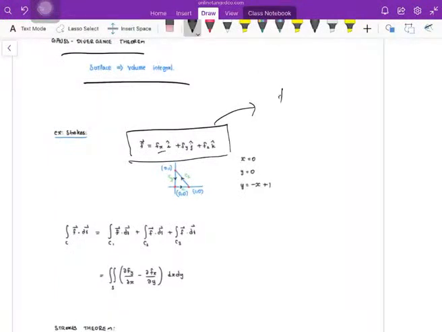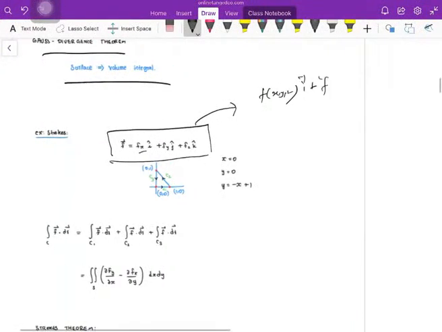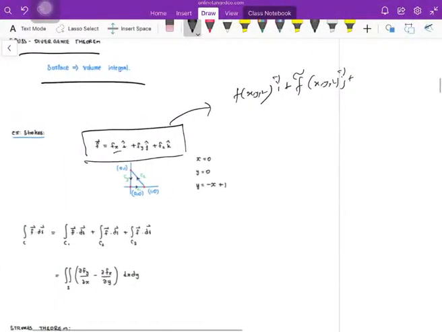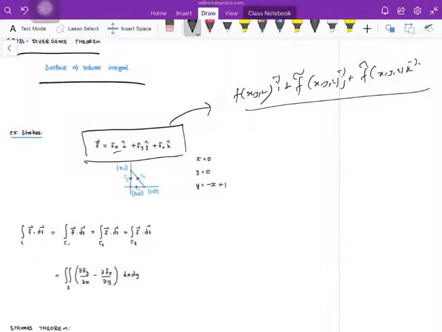So it can be any function of xyz. The j component is f tilde of xyz, and the k component is f cap of xyz. The reason I'm using different f tilde and f cap is that they are all different functions, even though they are functions of xyz. Just take it as it is.